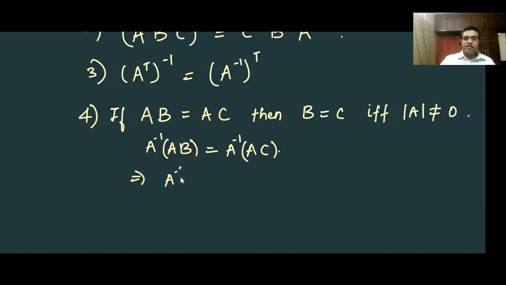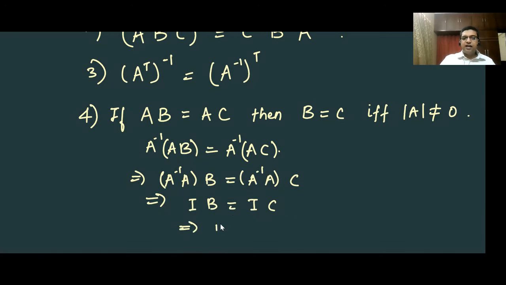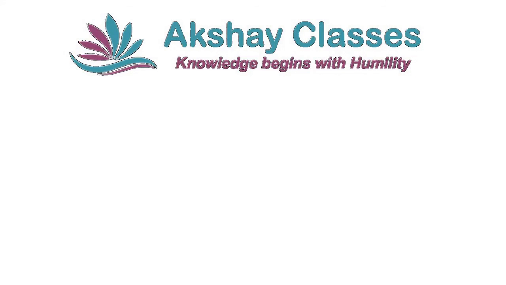Then A inverse times A becomes I, and I times B is B, I times C is C. So we have to multiply A inverse on the left. If the common matrix is on the right, we have to multiply the inverse from the right. So these are some properties.